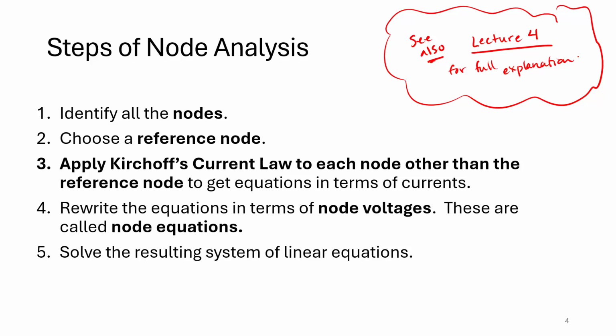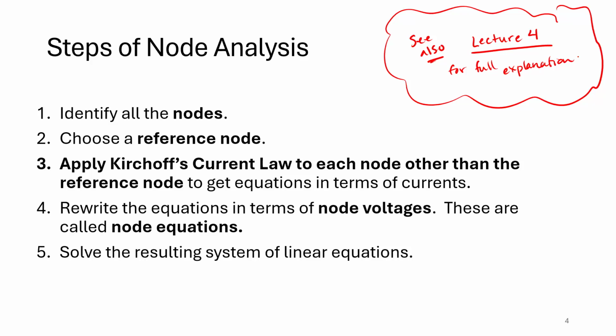The first step of node analysis is to identify all the nodes. These are the interconnections between a circuit's components. Next, we choose a reference node. And typically we want the reference node to be the node that's connected to the most things, and we assign the reference node the voltage of 0 volts. Basically, we pick who's going to be our ground.